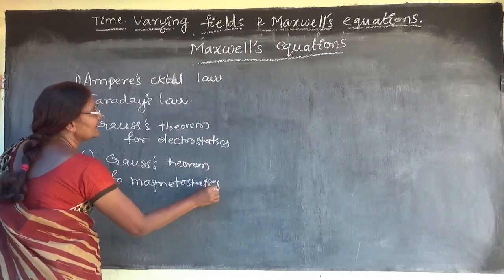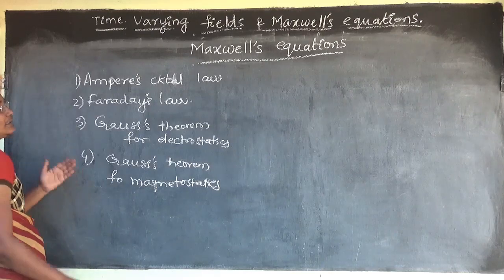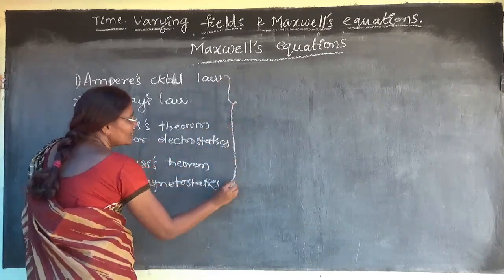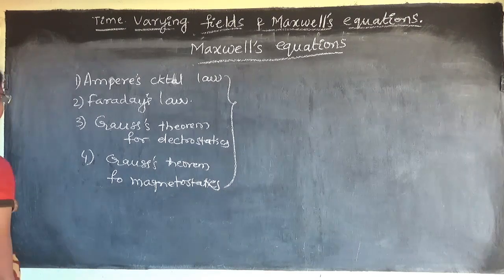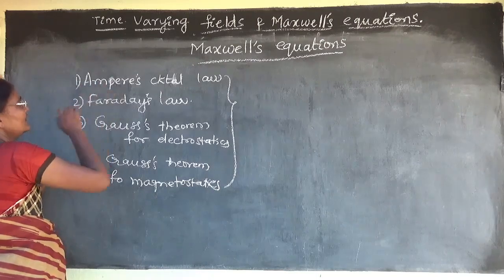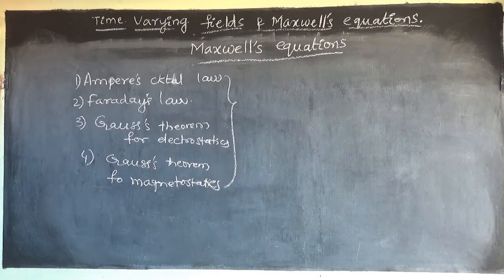So these 4 theorems will give four Maxwell's equations. First, we will consider Ampere's circuital law.